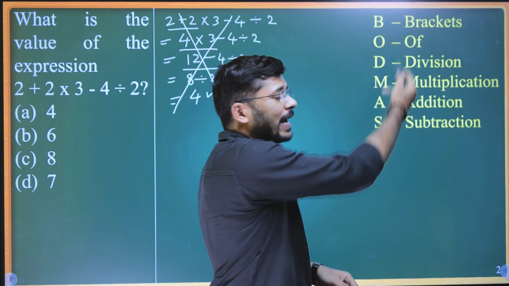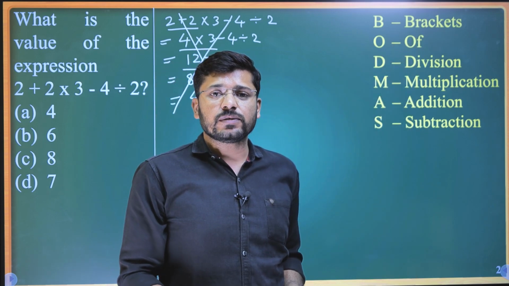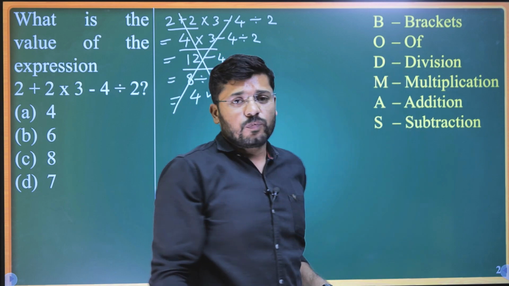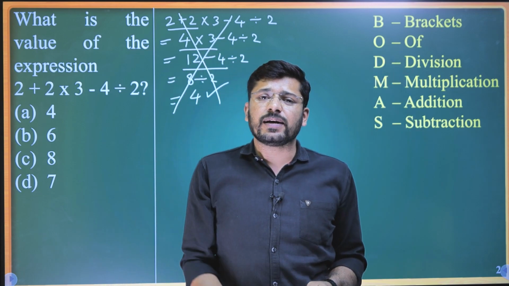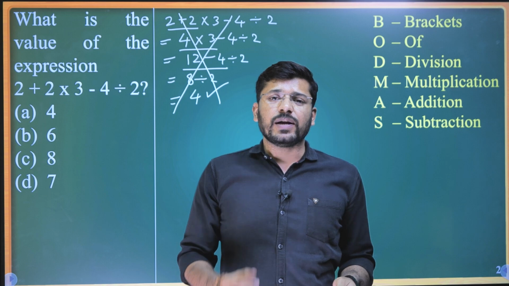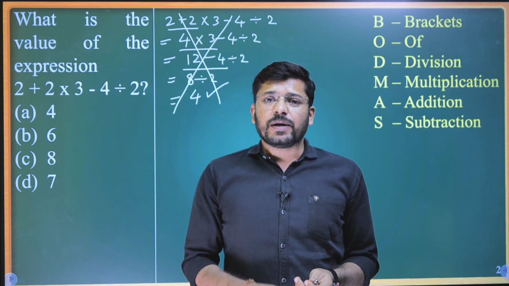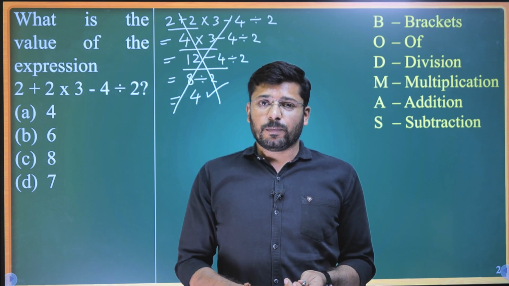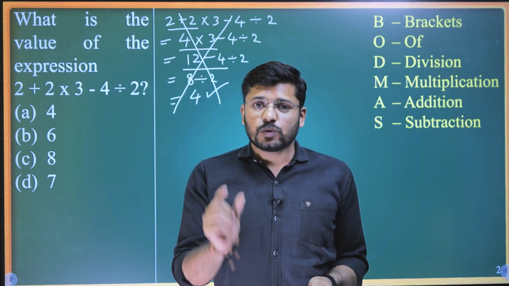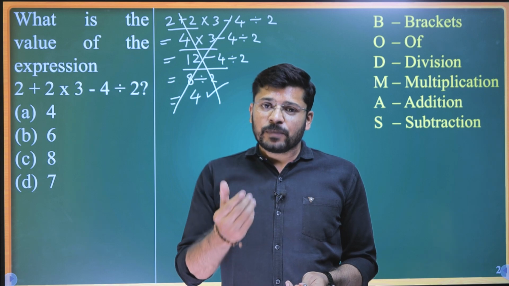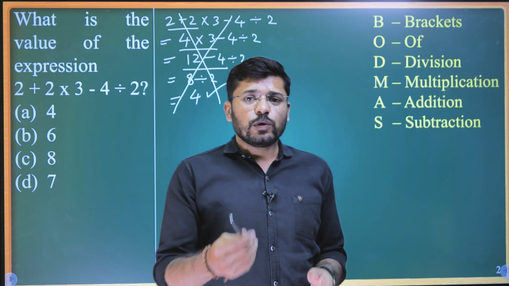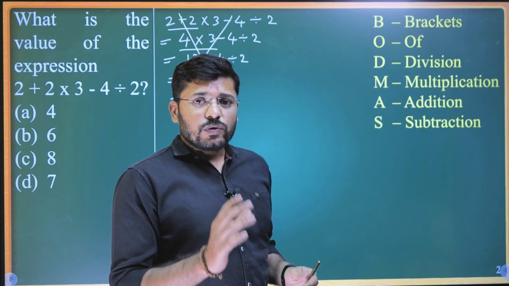First, if there are any brackets in the expression, we will solve them first. Then if there is the word 'of'. Where do we find the word 'of' in a mathematical expression? For example, if I tell you that to qualify the CSAT paper, you should get 33% of the total marks, I said 33% of. So there 'of' represents an operator. So we will solve 'of' first.